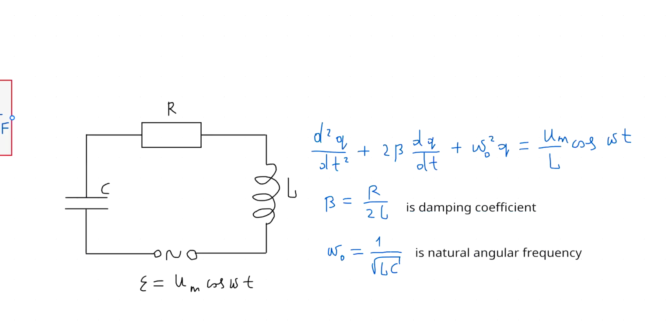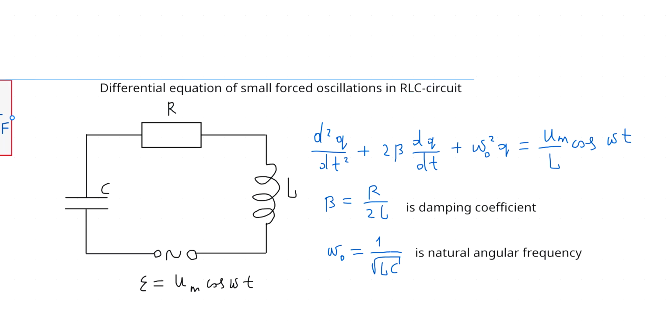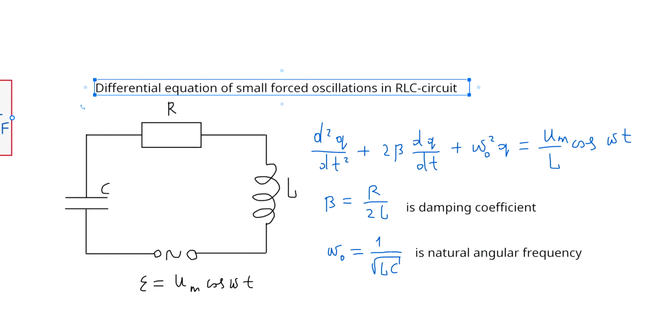This is the differential equation of small forced oscillations in the RLC circuit.